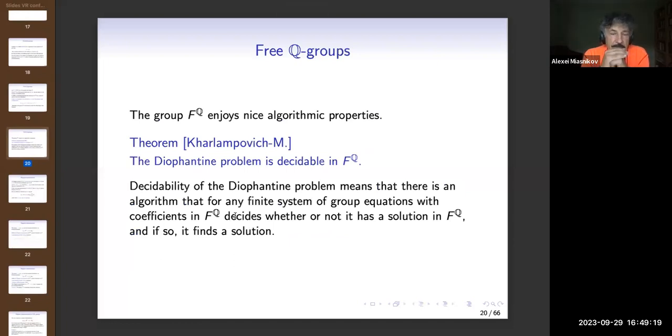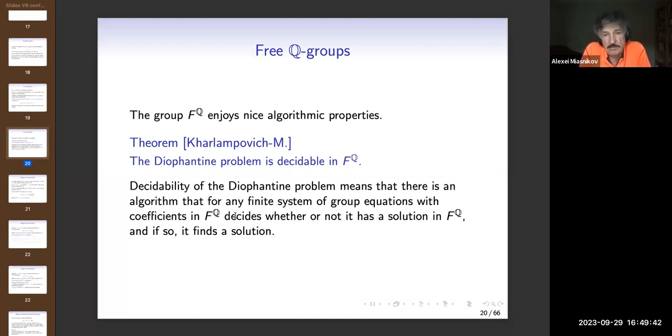And with Olga, when we described when free products with amalgamation preserve hyperbolicity, we showed that F^Q is a direct limit of a countable chain of hyperbolic groups, of course.